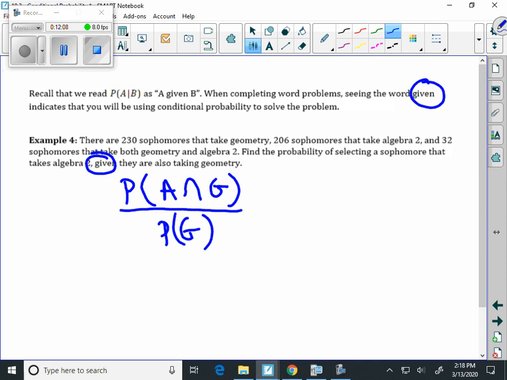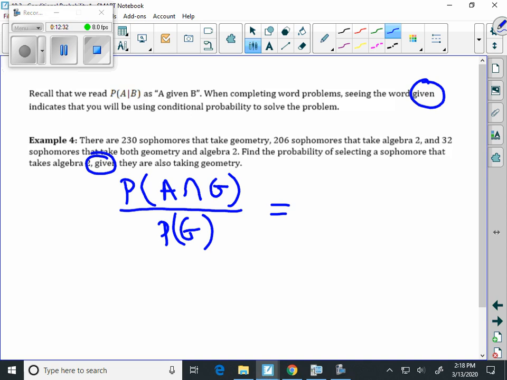And if those symbols don't make sense, don't even write them down on your notes, because that's going to be too confusing. What I can say is, what comes after the word given is what's going to go in the bottom of our fraction. So what comes after the word given says they are also taking geometry.